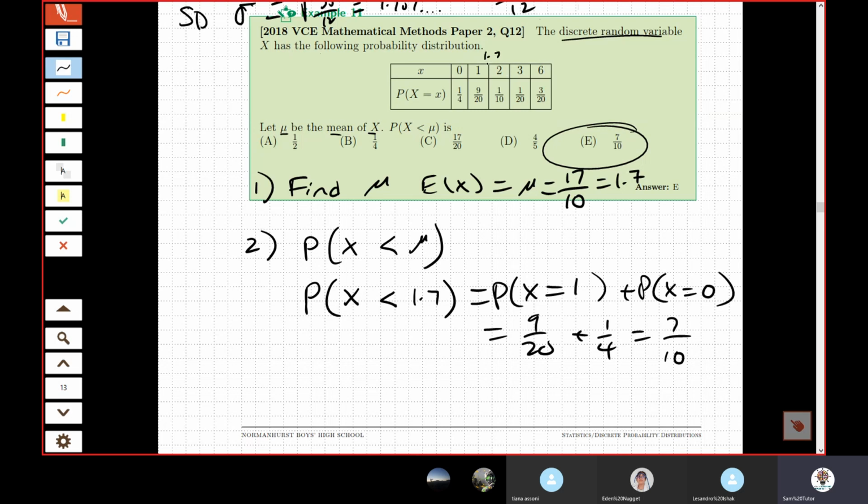So 1.7 is somewhere here, and it's going to be less than that. That means it's going to be at 1 and at 0, so that's the probability of it being 0 or 1. Do you agree with that? Yep. Now, if obviously you said greater than, it would have been 2, 3, and 6.